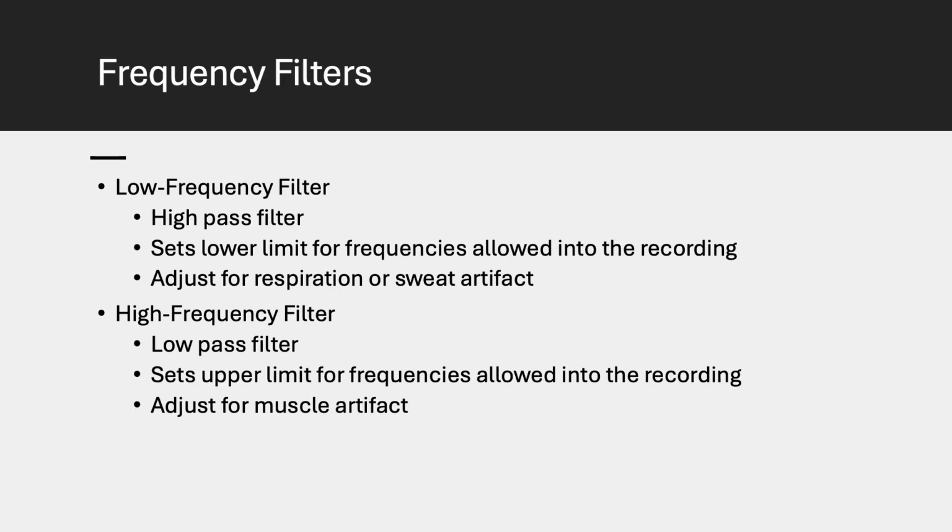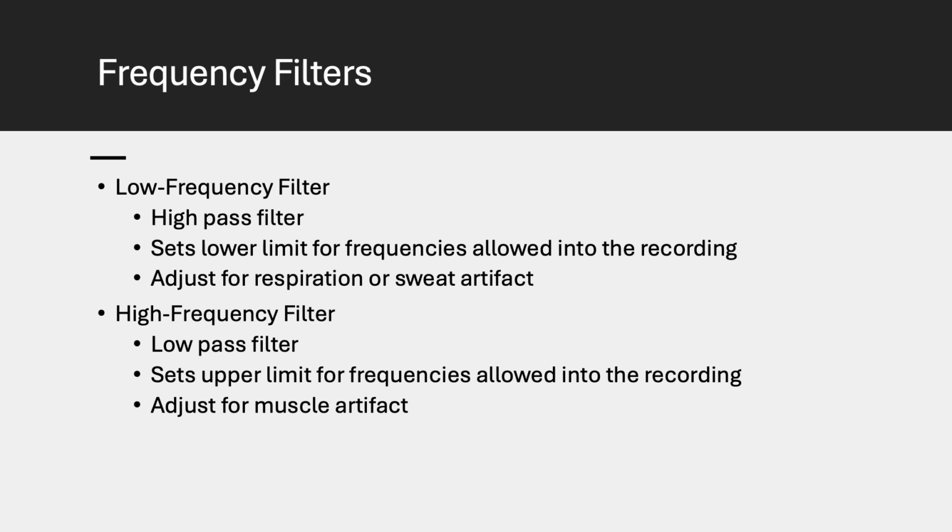Remember, there are tons of different frequencies and signals coming off of any given body part. In order to get very specific frequencies for EEG, EMG, EKG, and EOG, we can use filters to assist in getting rid of the extra signals. A low frequency filter sets the lowest limit of frequencies allowed into the signal.